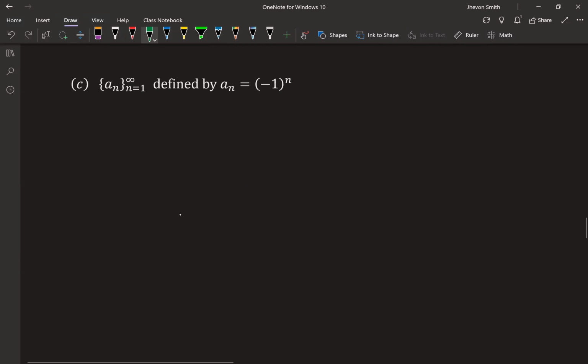If you look at this list, the first one, when you plug in n equals 1, you're going to get minus 1. Then when you plug in n equals 2, you get minus 1 squared, which is plus 1. Then n equals 3, minus 1, then 1, then minus 1, then 1.